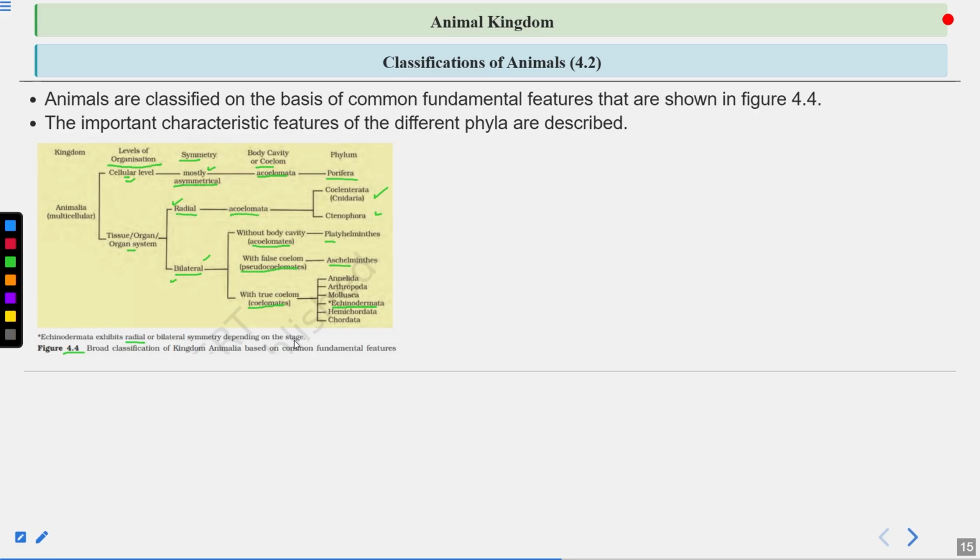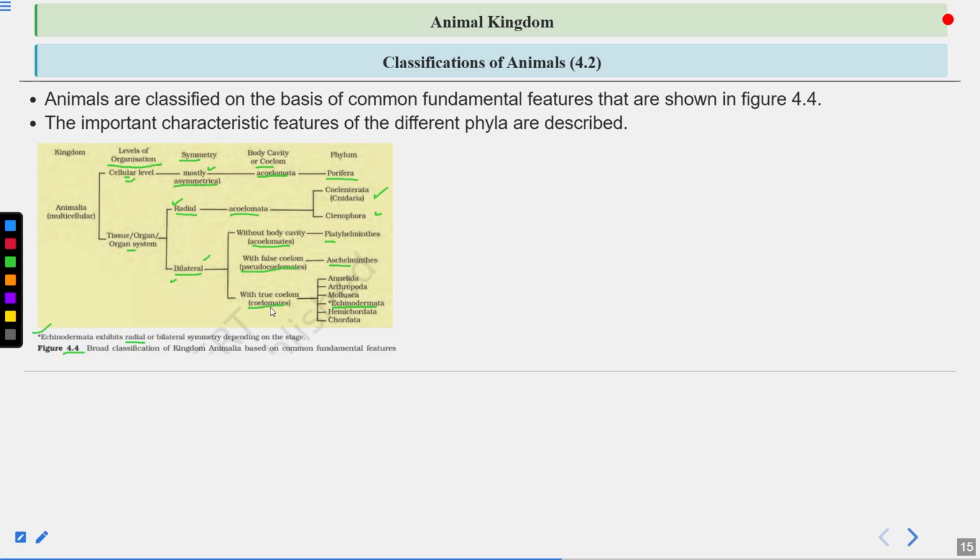Very unique feature. Both types of symmetry are seen in Echinodermata, in one organism only. So this should be remembered, and that is why it is marked over here.